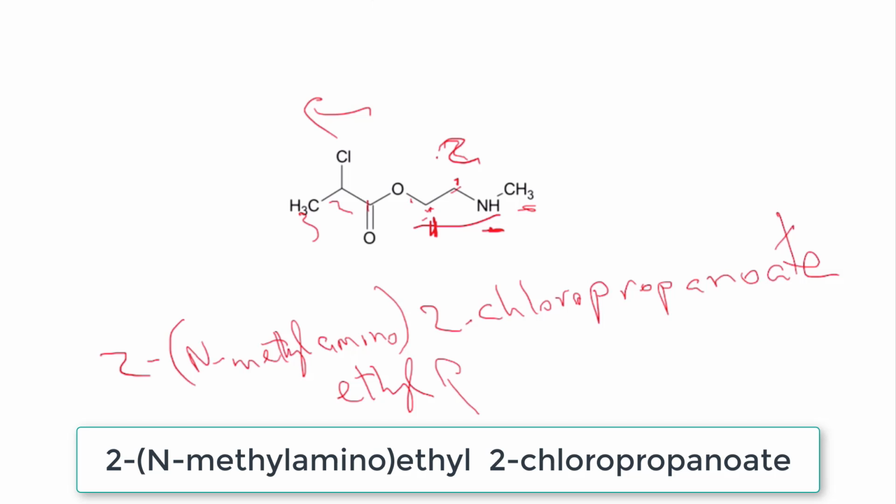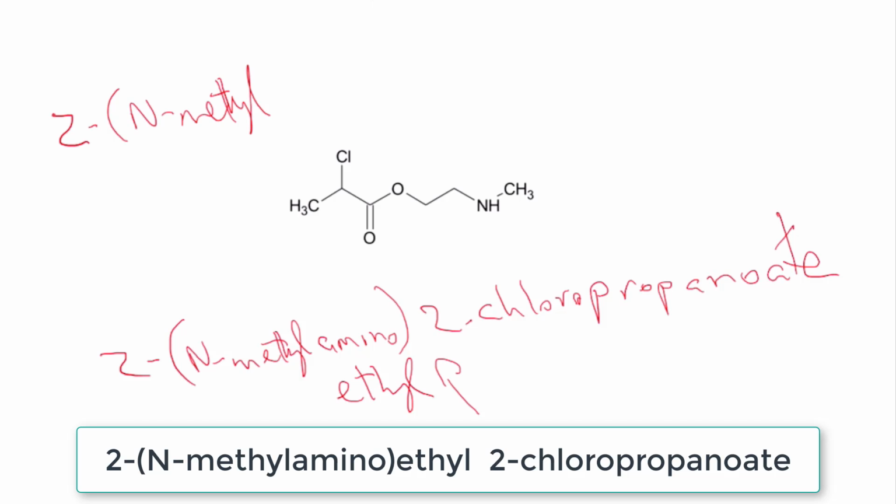So let me rewrite this again. I'll just put it up top here. So in the 2 position on that ethyl is an N-methyl amino. I have seen instances where the N is not required here because it's part of this bracket with the amino and nothing else is here.